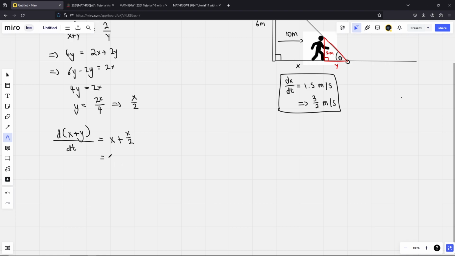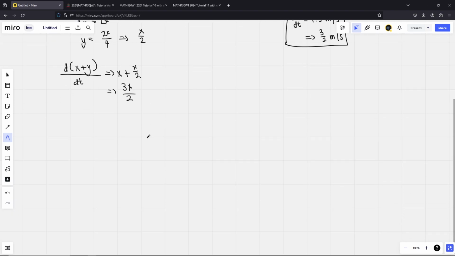This is going to be the same thing as 3x over 2. And now if we take the derivative of this with respect to time, this is going to be 3 over 2 multiplied by dx/dt, because we are taking the derivative with respect to time.